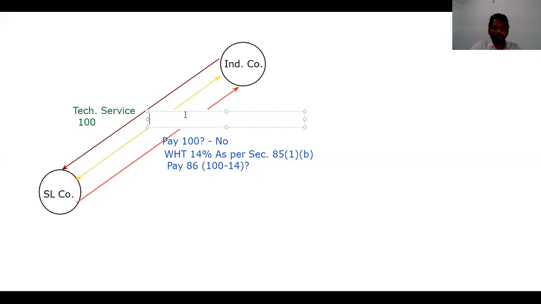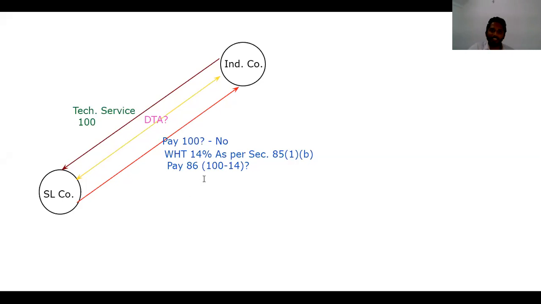Then what we are going to do is check whether we have a DTA with India. We call them DTAs: double tax avoidance agreement, double tax agreement, double tax treaty, all the same.